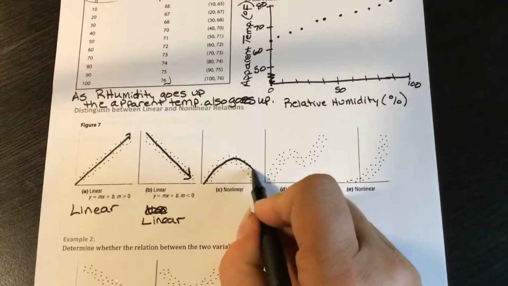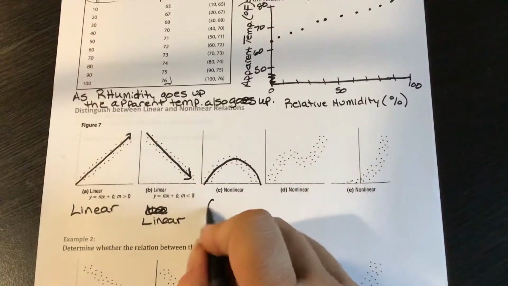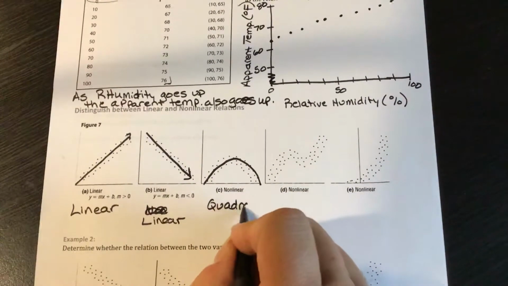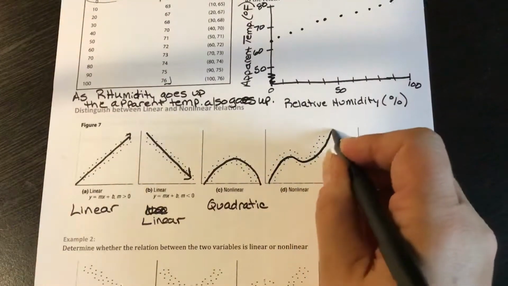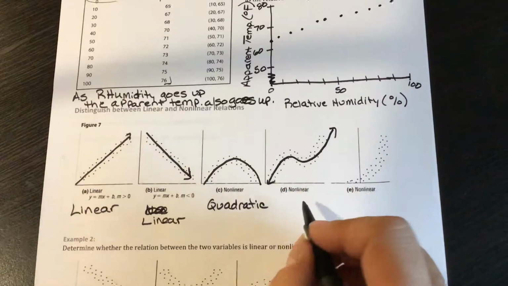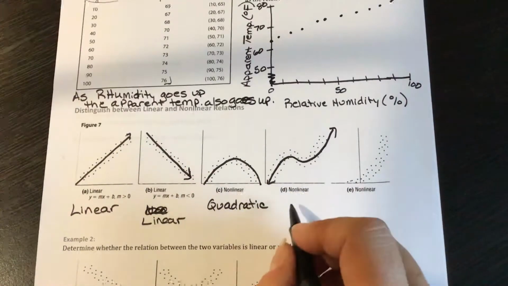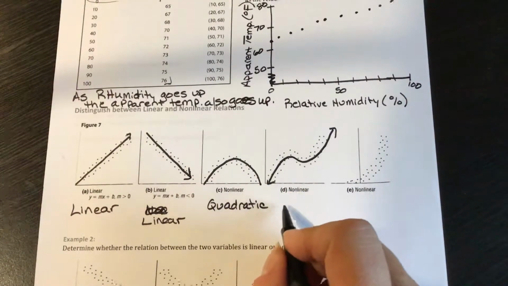This one actually looks quadratic. And this one almost looks like maybe a chair function, so maybe that is cubic.